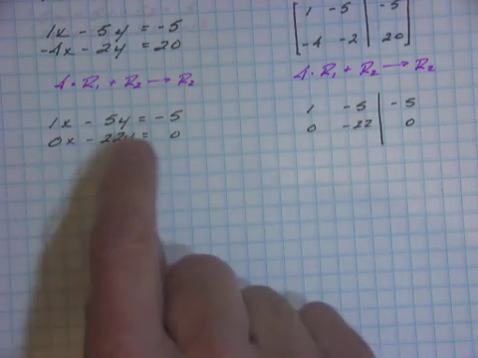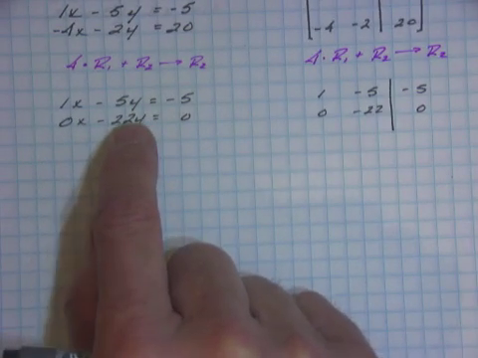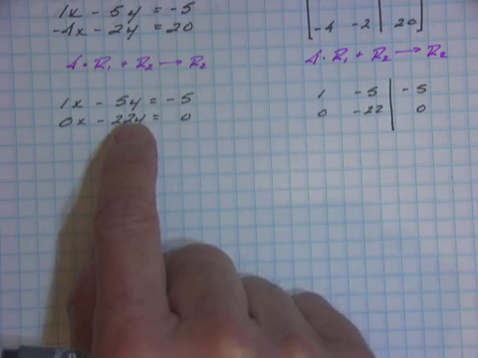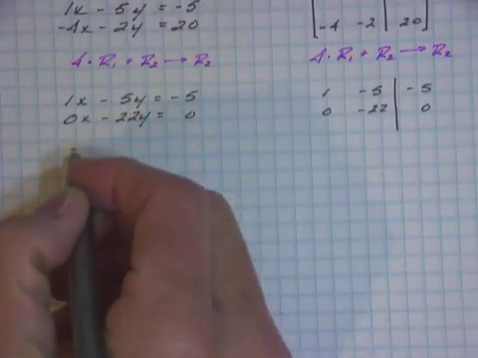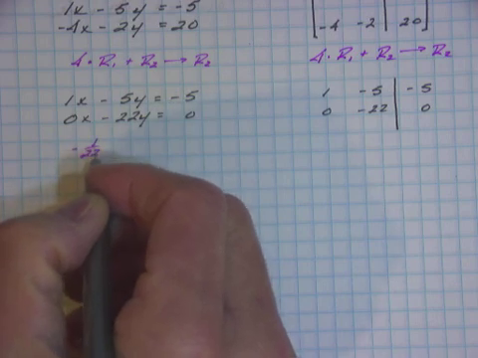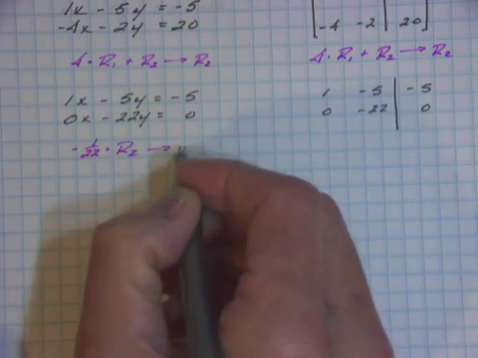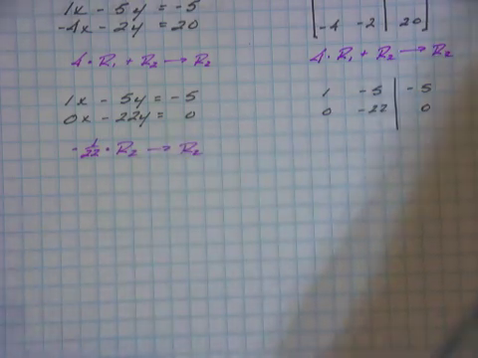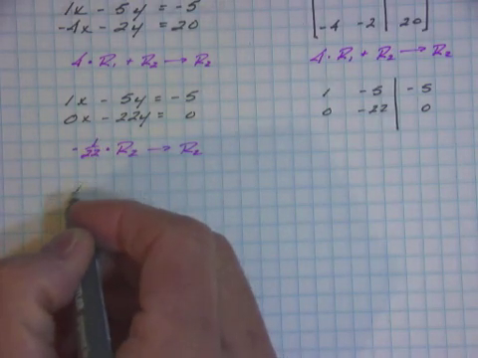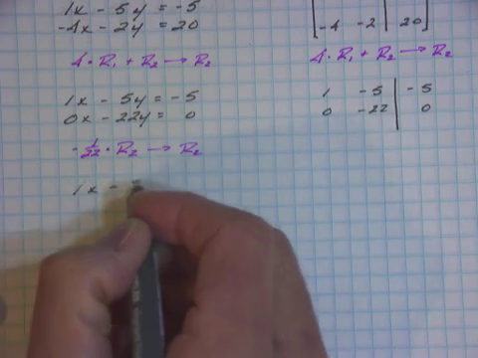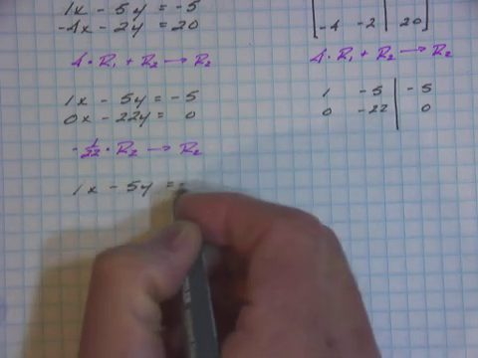Well, now that I've got a 1 and a 0, I think what I'd like to do is make the negative 22 turn into a 1. That's pretty easy. All I have to do is go negative 1/22 times row 2 is my new row 2. Okay, row 1 doesn't change.